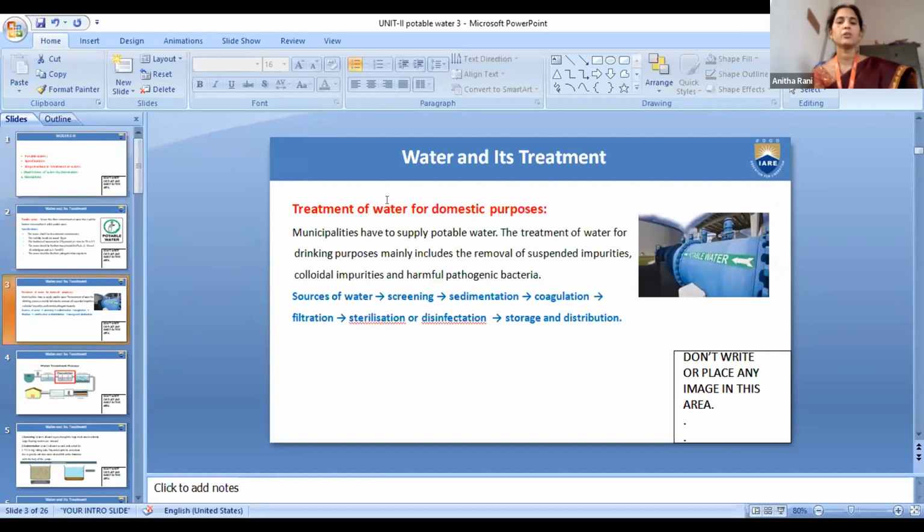Next, treatment of water for domestic purpose. What are the steps involved in treatment of potable water? Municipalities have to supply potable water.